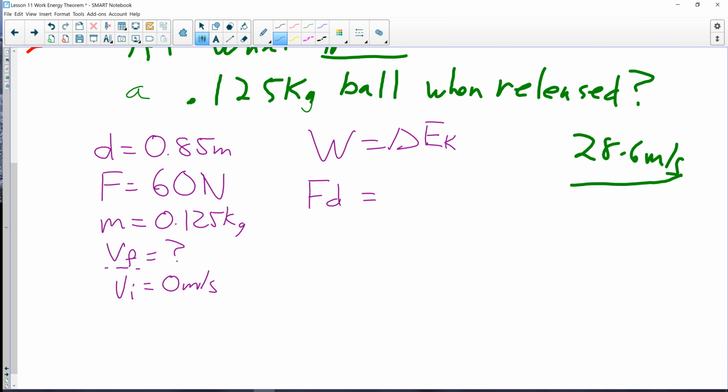What are the somethings? Final velocity minus initial velocity. It's going to be final something minus initial something, but it's not just velocity, it's going to be the final half mv squared, the final kinetic energy. I'm actually not going to get there quite yet, but yes, you're absolutely right. The final kinetic energy minus the initial kinetic energy.